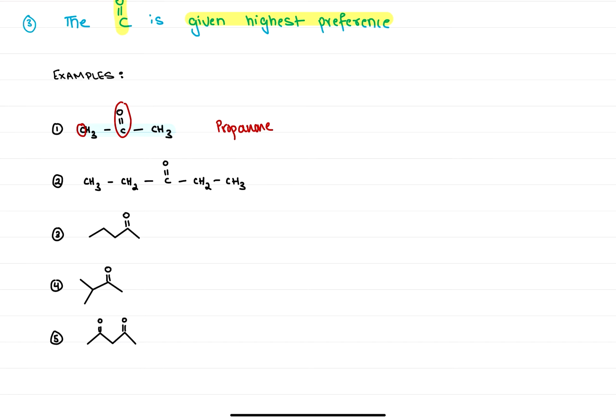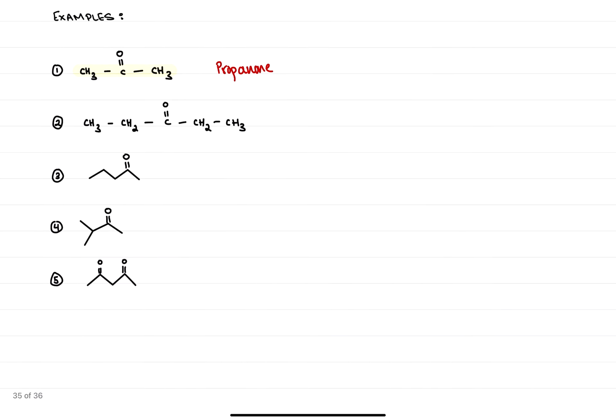This is because in the case of carboxylic acids, we saw this as well. We have to count this carbon, which is part of the functional group, as part of the longest carbon chain. That's going to be the case for all molecules which have carbons in their functional groups, and if that carbon is directly attached to the chain, it is definitely going to be counted in the longest carbon chain as well.